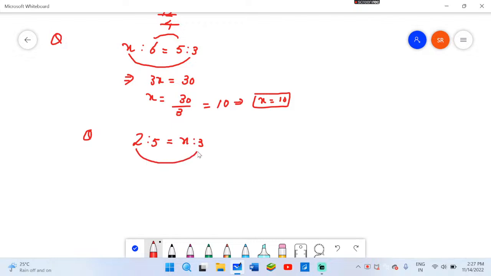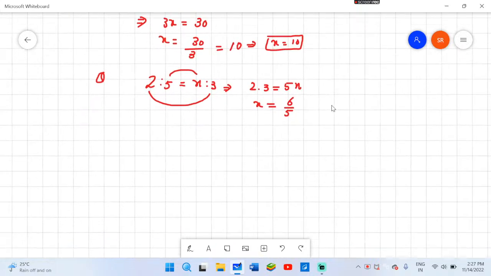Again, product of extremes is equal to product of means. That gives me 2 into 3 is equal to 5x. x is equal to 6 upon 5. So that way we can calculate the value of unknown.